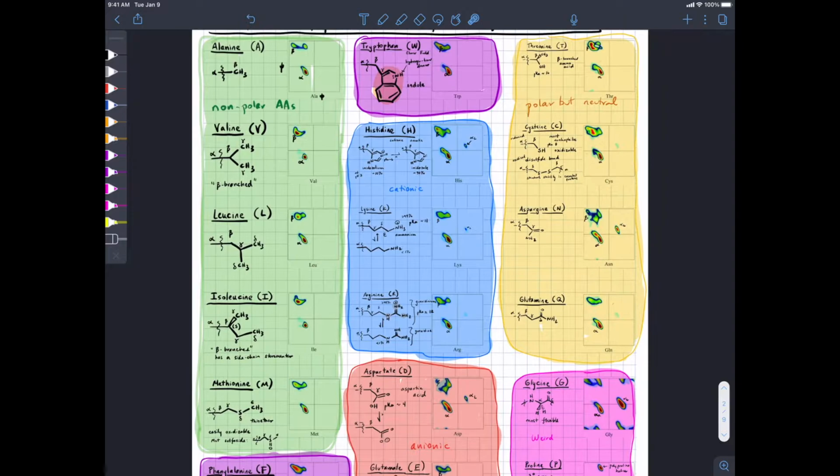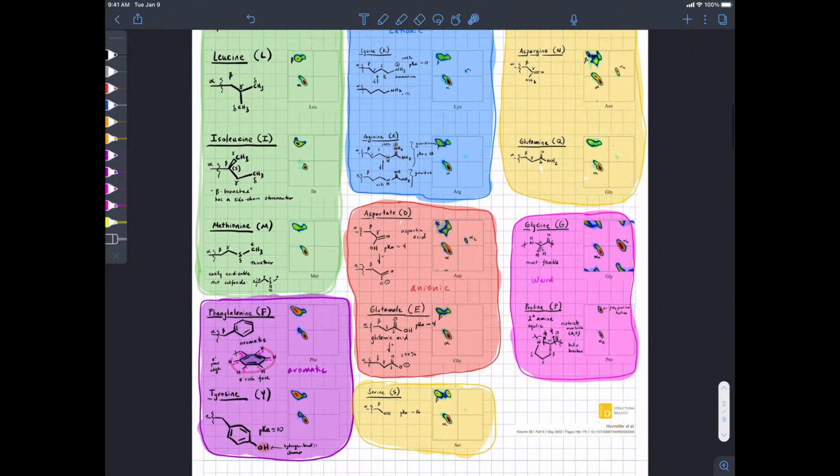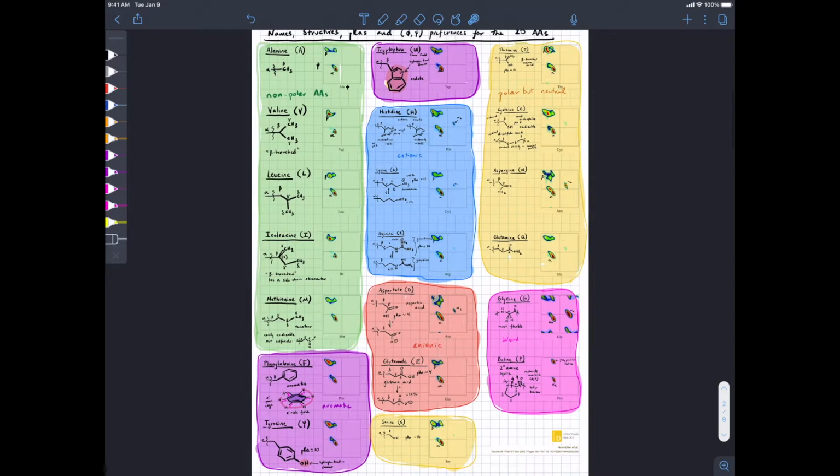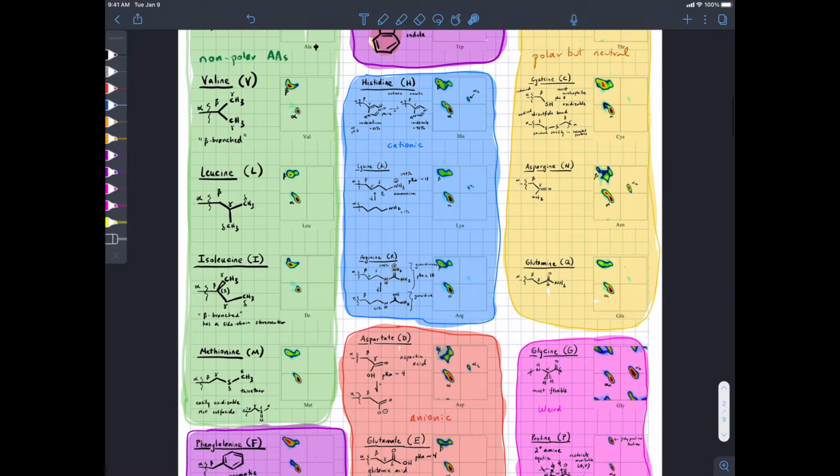So in green, you have a group of nonpolar amino acids that are mostly sp3 hybridized saturated carbons. In purple, you have amino acids that are nonpolar but aromatic. These are interesting because they are greasy and nonpolar, but they have some other things they can do too. In blue are the side chains that are cationic or can be cationic at physiological pH.